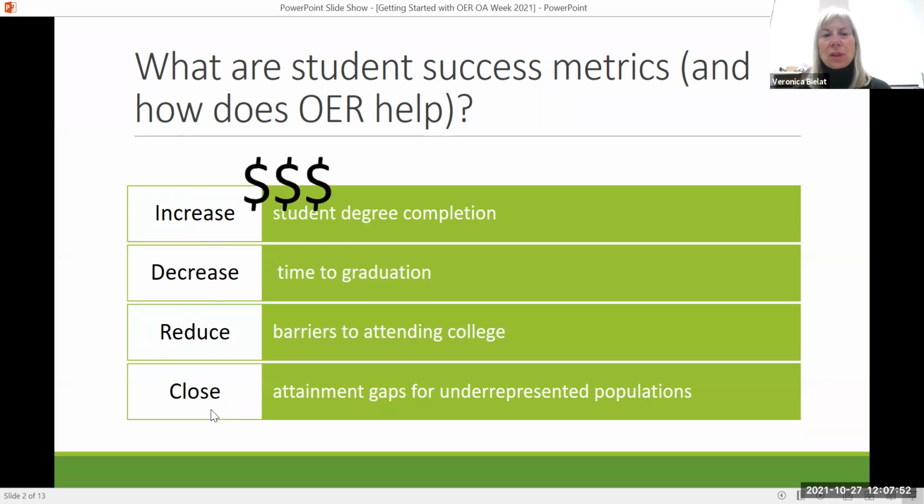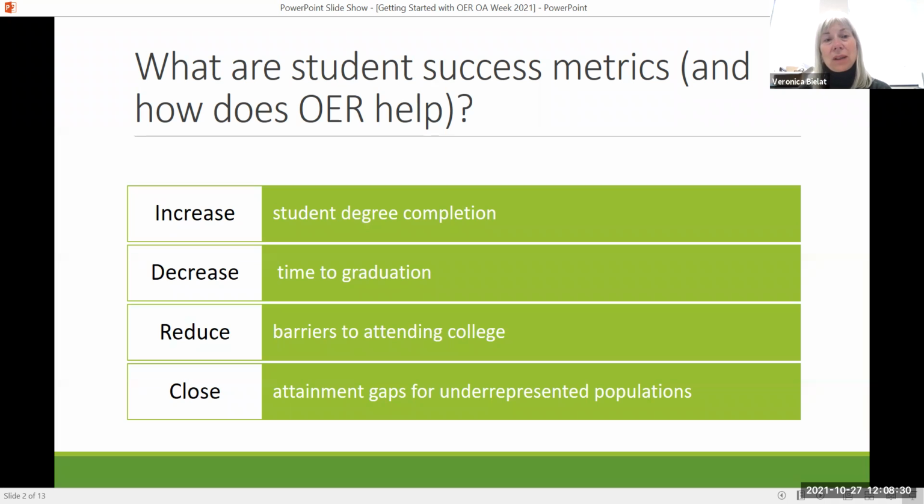Now, the thing is that most of the time, this is really related to dollars. Like all of this stuff is impacted by the cost of attending college. And textbooks and course materials do play a role in that, because if students make the decision to not purchase a textbook or course materials for a course because of expense, that can result, and we know from research that impacts their ability to successfully complete a class.